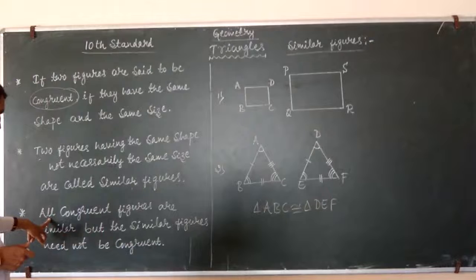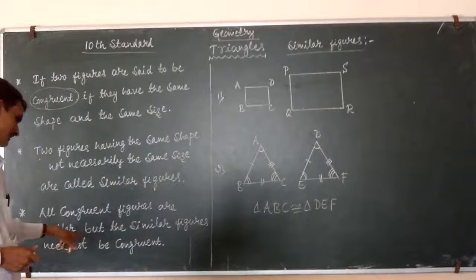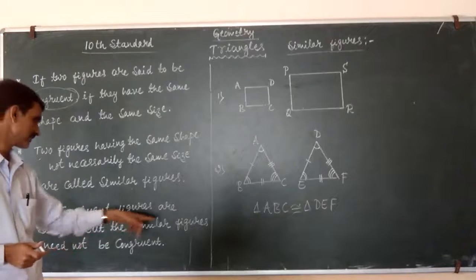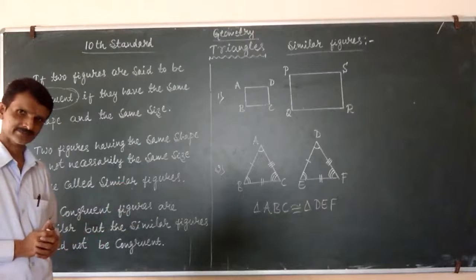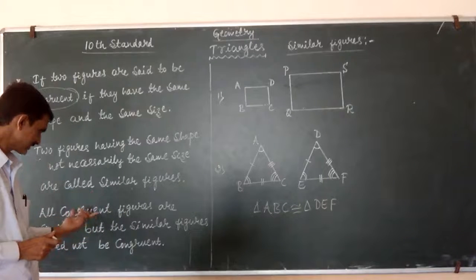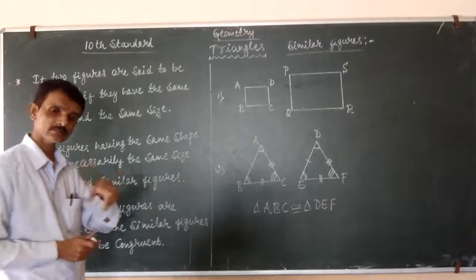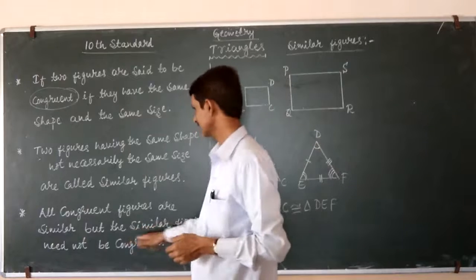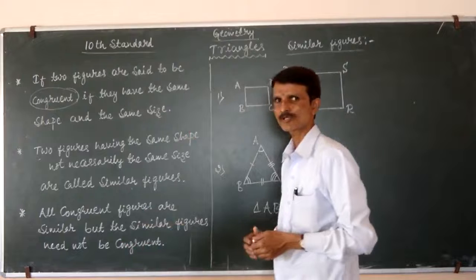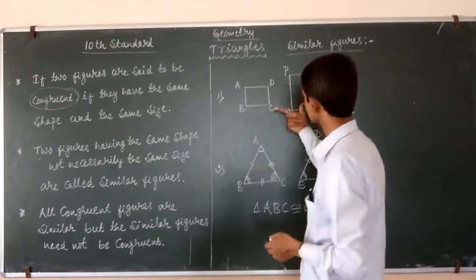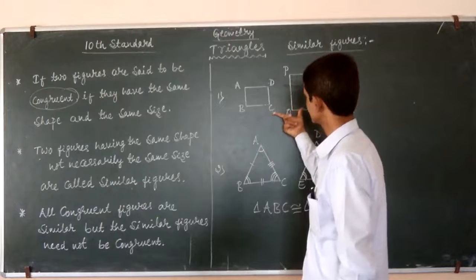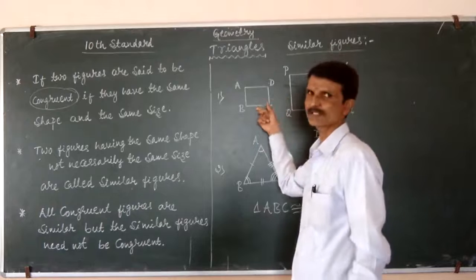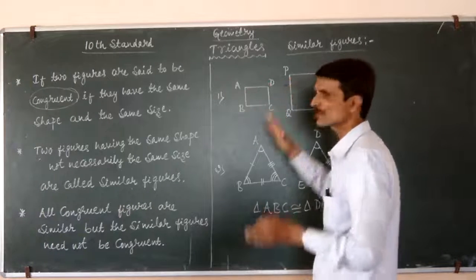Then coming to the third point, all congruent figures are similar, but similar figures need not be congruent. If two figures are congruent, then they are always similar. But similar figures need not be congruent. So for this point, observe the first figures. These are similar figures, but they are not congruent because their sizes are different.